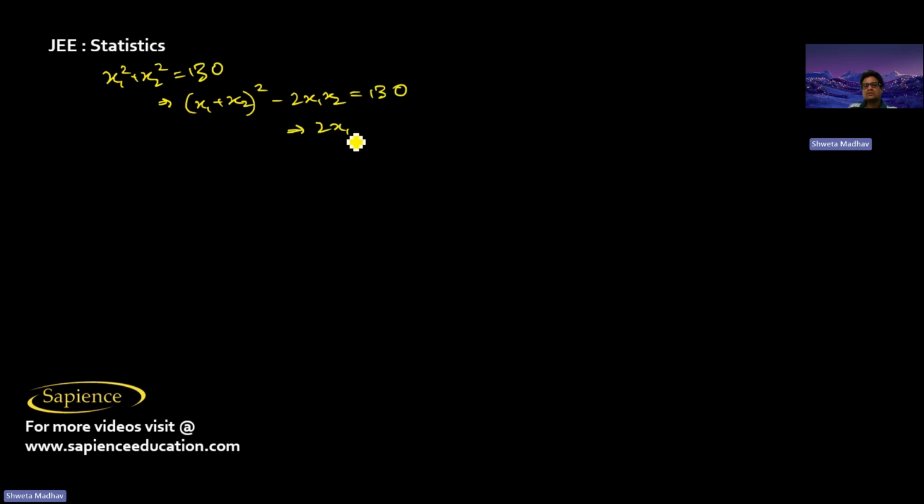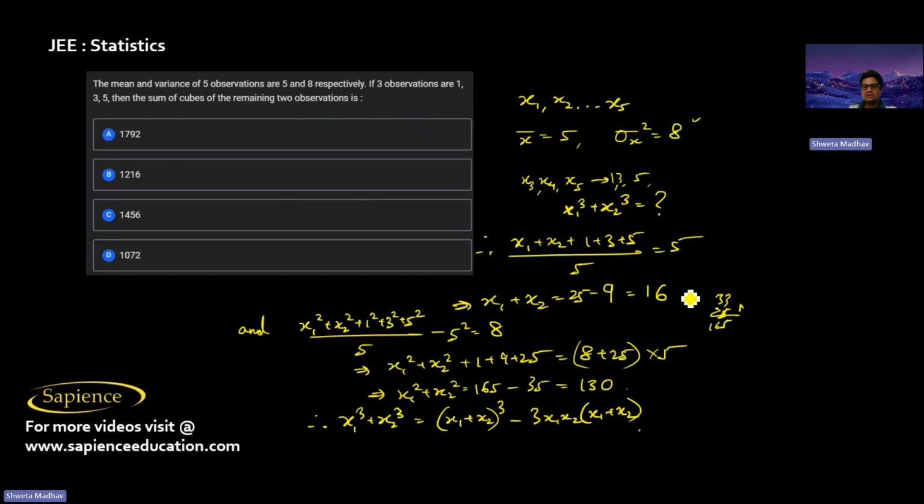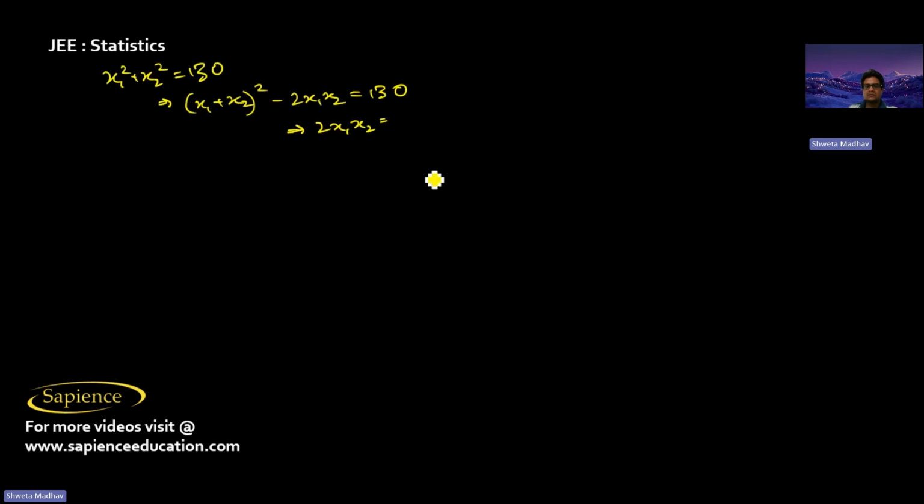Therefore, 2x1 x2 is equal to x1 plus x2 whole square, that is 16 square, minus 130. Now 16 square is 256, so 16 sixes are 96.